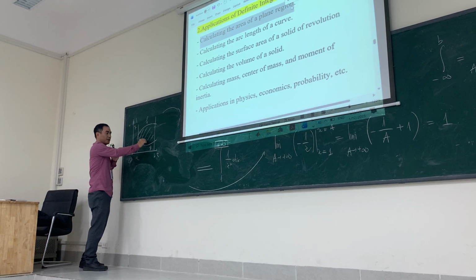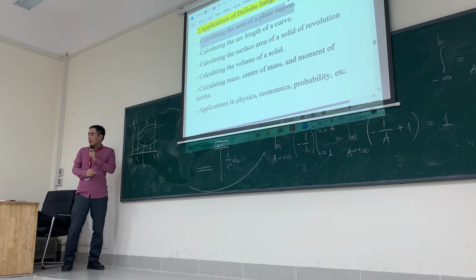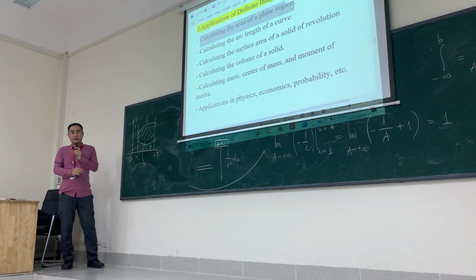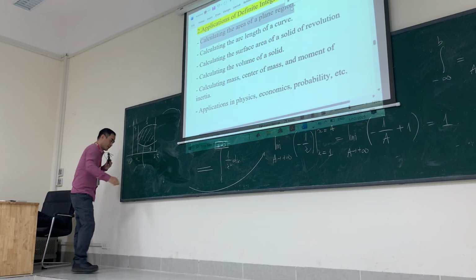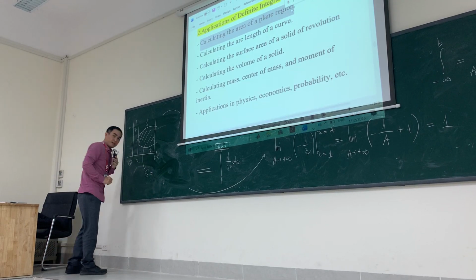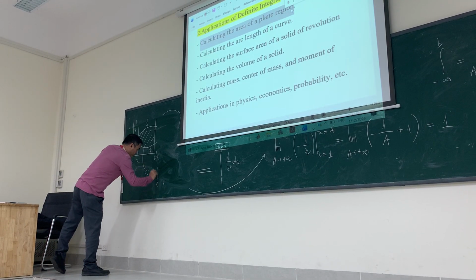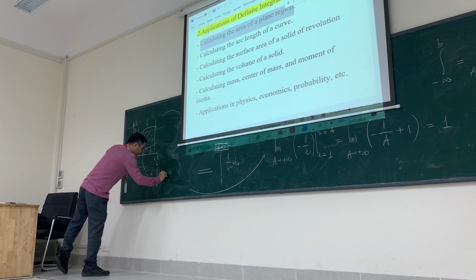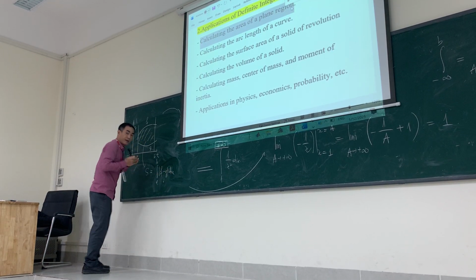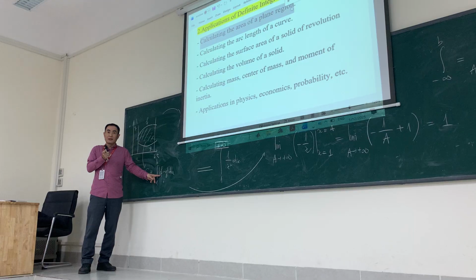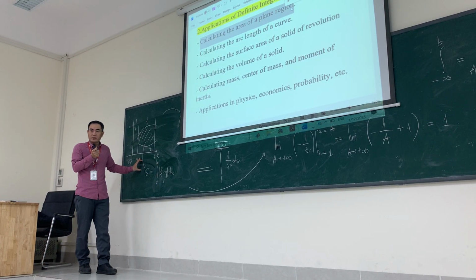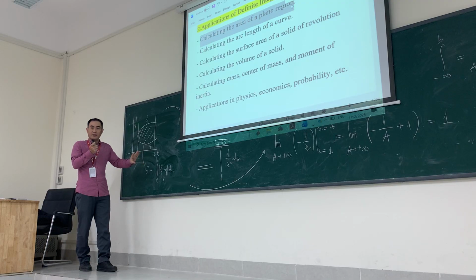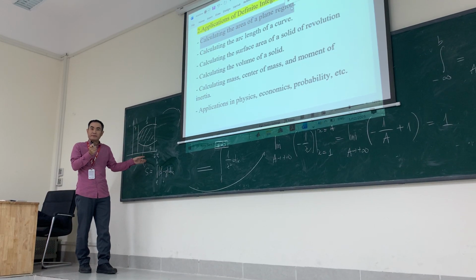We can estimate the area of the region between f and g. The formula: the area is equal to the integral from a to b of absolute f minus g. You know that? Does that mean you can use the definite integral to estimate the area between two curves?